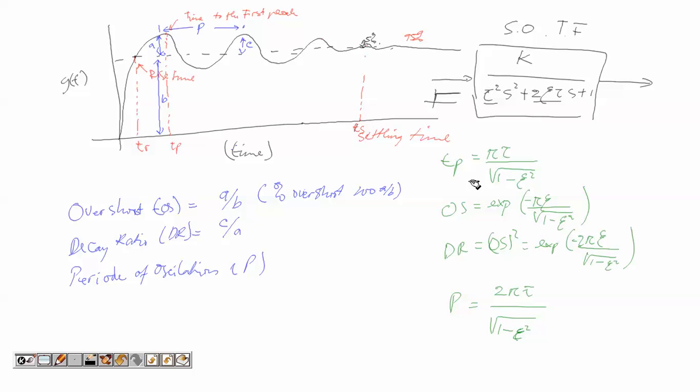The TP, overshoot, decay ratio, or period can be found using these equations.